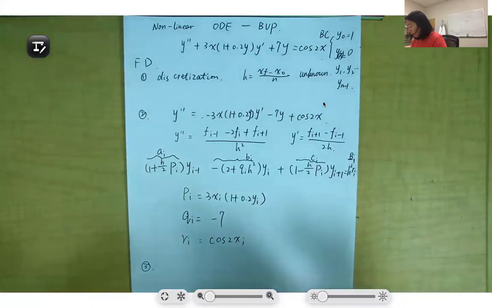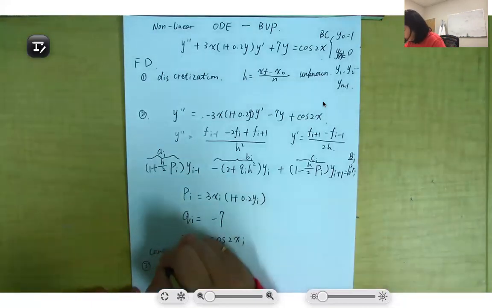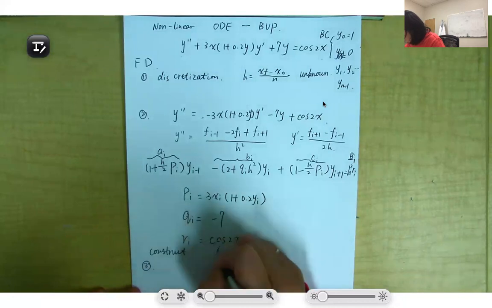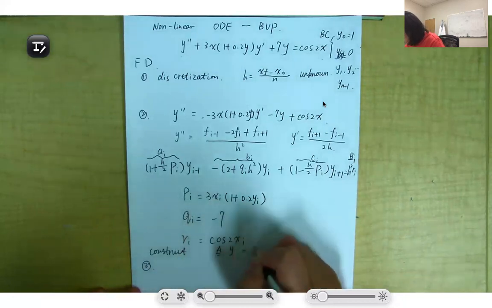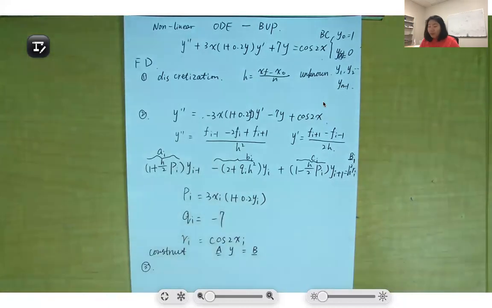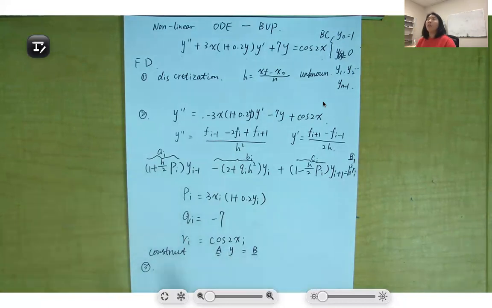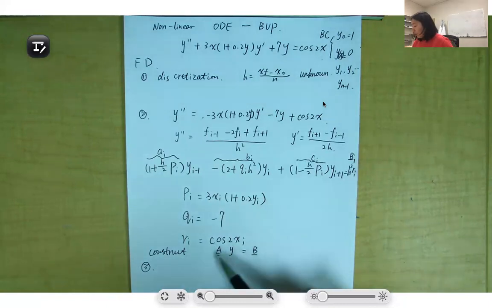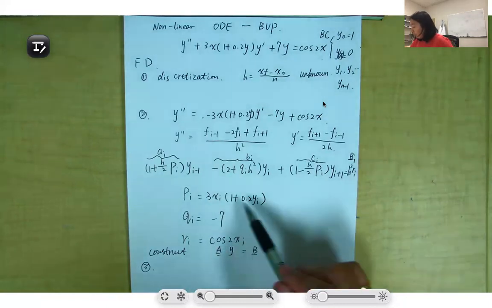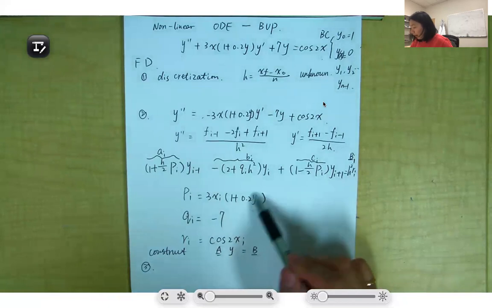Then we can still construct our Ay equals b. But the difference between the linear and the nonlinear is that for the linear, the A matrix is only a function of x, so you know what the A matrix, the coefficients, are. But for the nonlinear part, it will have some contribution from this yi.